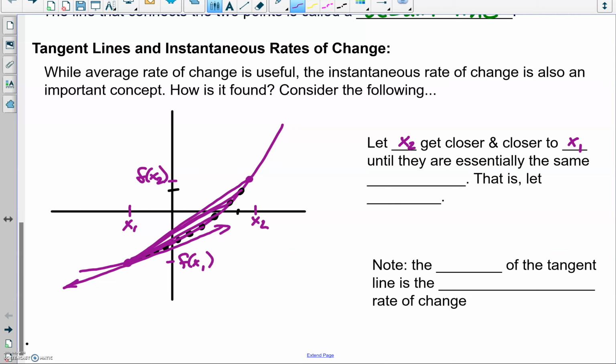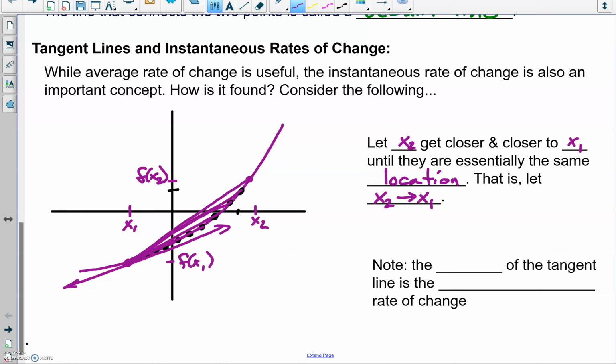So again, you're letting that x2 get closer to x1 until they're essentially the same point, or same location. And that is, in a limit sense, you're going to let x2 approach x1.